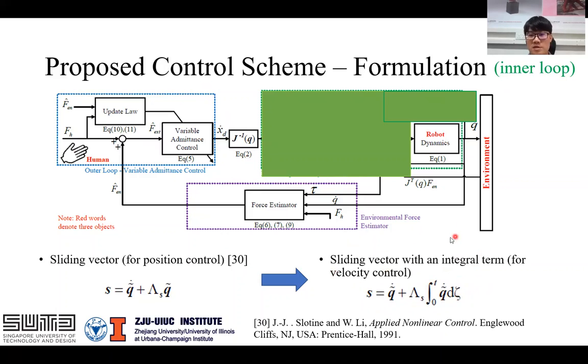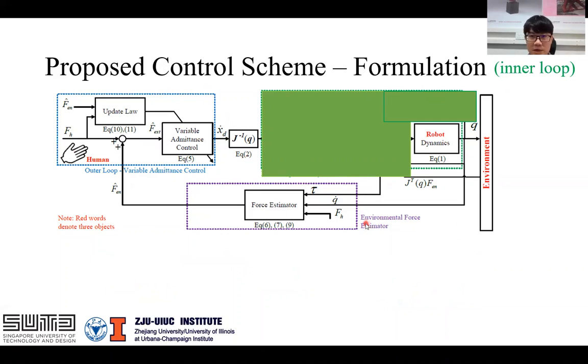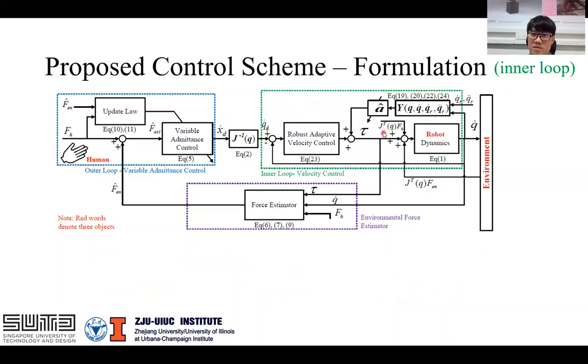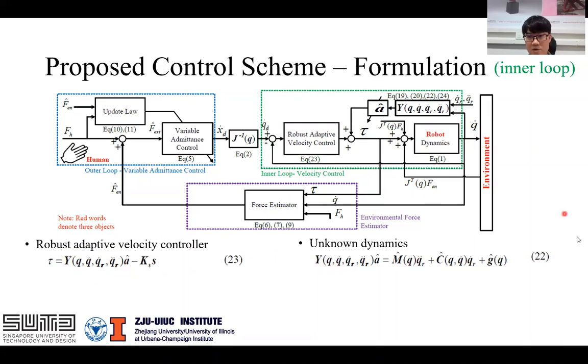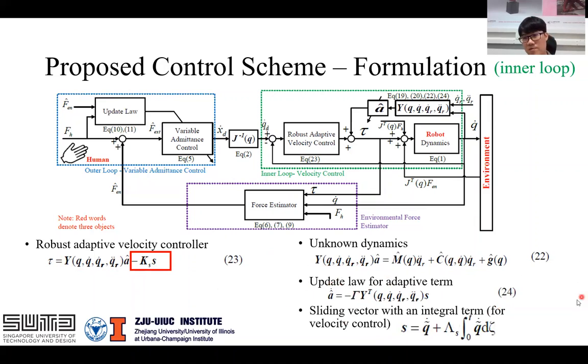So the good thing about this sliding vector is that we can design the overall robust adaptive velocity control into a traditional form. In this traditional form, there are three parts. The first part is unknown dynamics. The second part is the update for the adaptive term. The last part is a sliding vector from our new sliding vector.